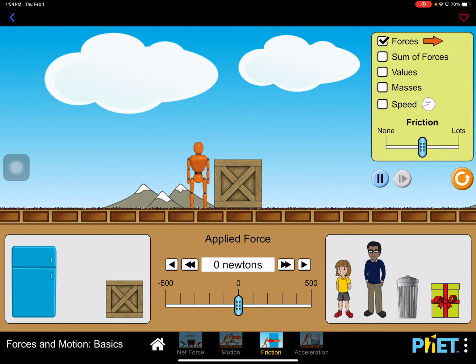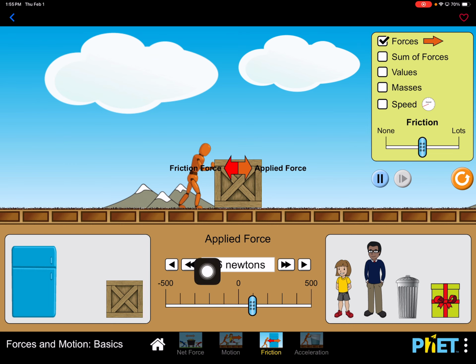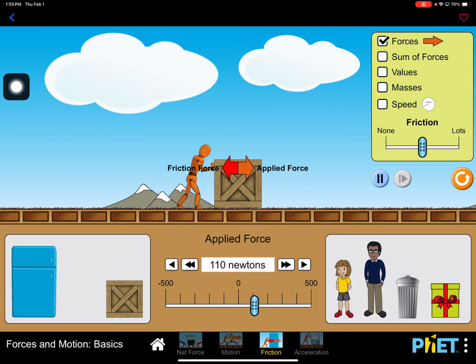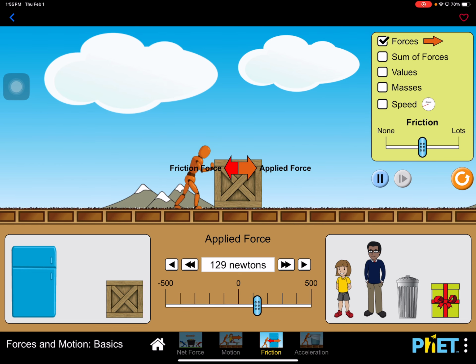All right, so again, let's go to that simulation. I've applied a force of 96 newtons. You guys see this, 96 newtons, and watch that number. 110 newtons, 120 newtons, it's still not moving. Okay, it started moving.